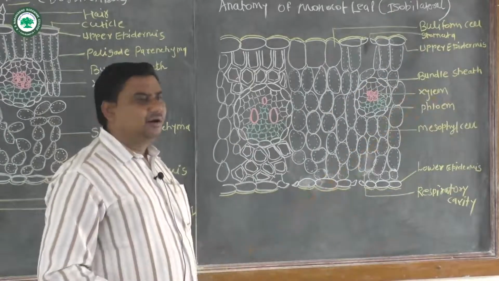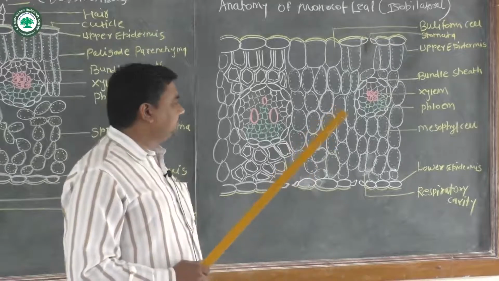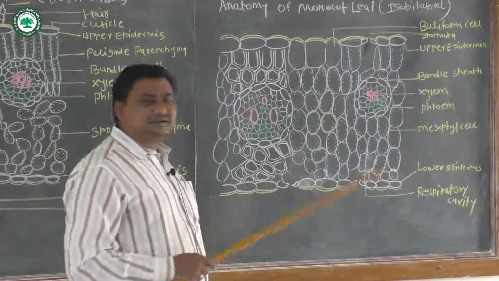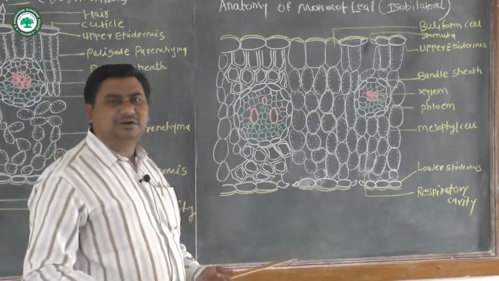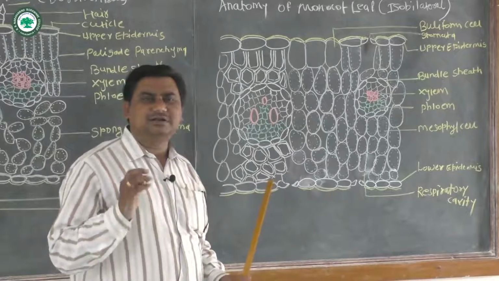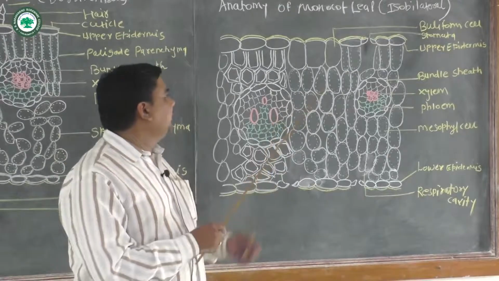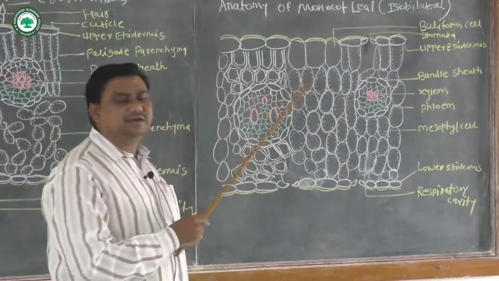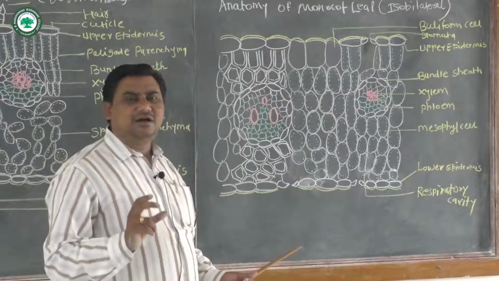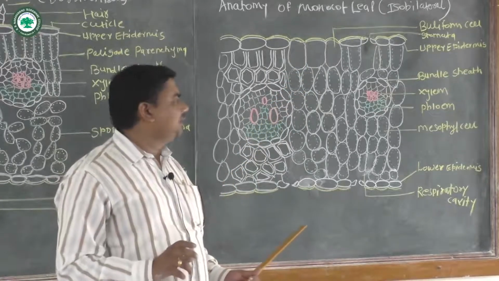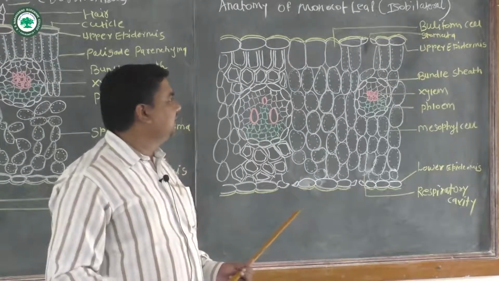Motor cell or bulliform cell. So this is the characteristic feature of the monocotyledonous leaf. In between the epidermis there is a bigger cell or large cell, and we call it the bulliform cell.